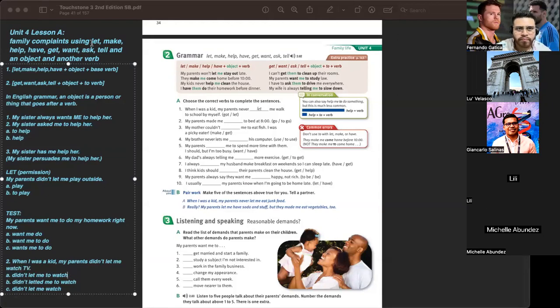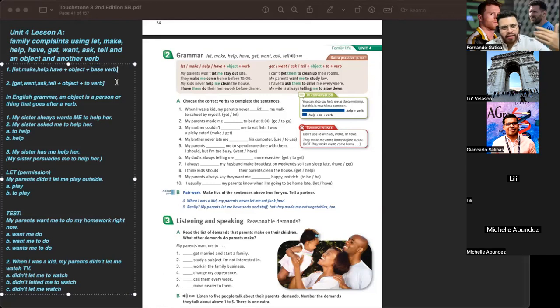It is not correct because with let, we do not use to. Yeah, don't use to with let, guys.